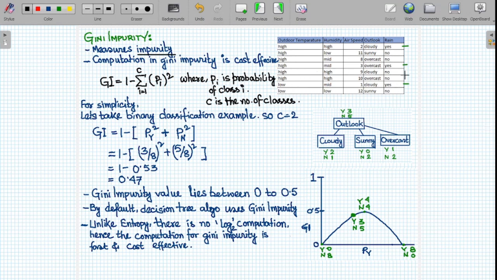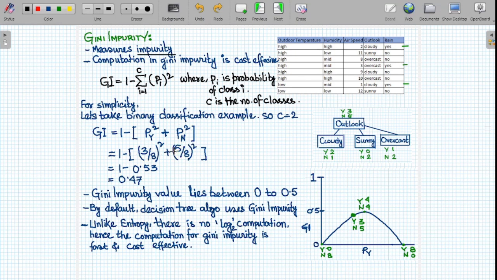As this is a binary classification problem, the c value will be 2. So the Gini index will be 1 minus the square of the probability of yes plus the square of the probability of no. The probability of yes will be 3 by 8, because there are 3 samples where we have the value yes among a total of 8 samples.